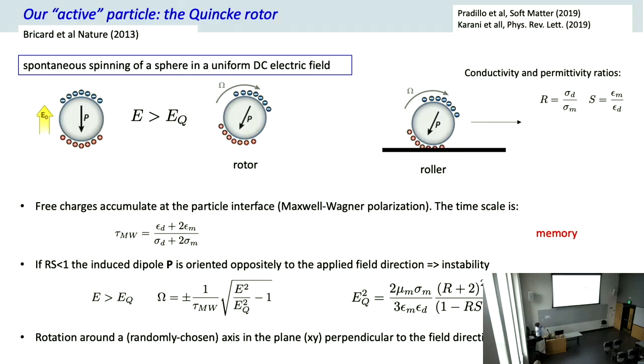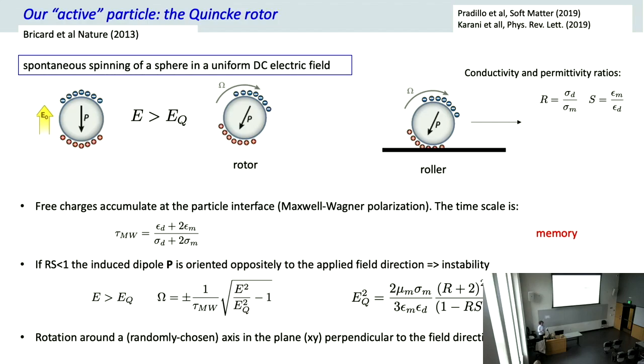And then the rotation rate is set by the electric field. So that means that how fast this particle is spinning or rolling, you can control by tuning the electric field. So you have control over the activity. And finally, the direction of the rolling, which is set by the direction of the torque, is randomly chosen from all directions in the plane perpendicular to the electric field.